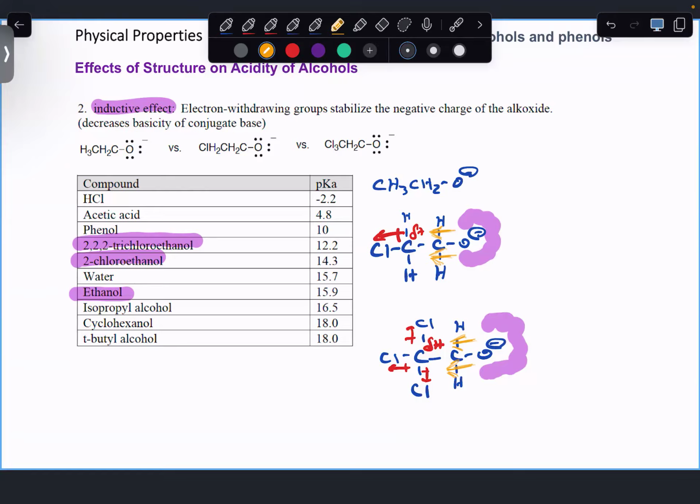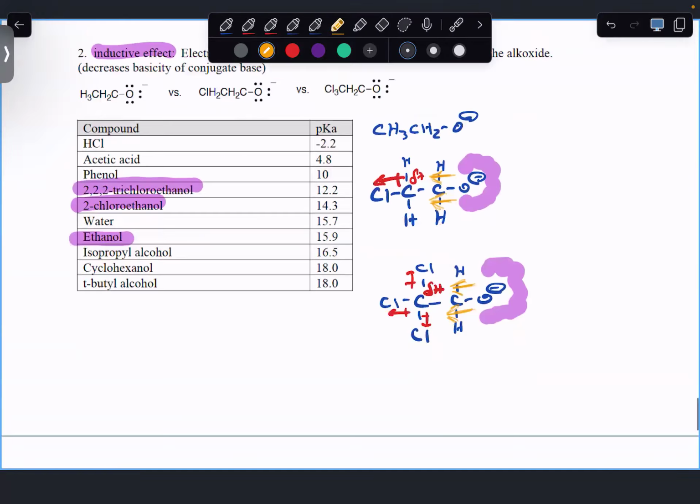And so you can see through the pKa values here. Ethanol, it's got nothing. It's got no electronegative atoms nearby, and its pKa is 15.9. Put one electronegative group, makes it more acidic, 14.3. Put 3 electronegative groups, even more acidic, 12.2. Now, you can even go a step further. I'll give you one more just as a point of reference.